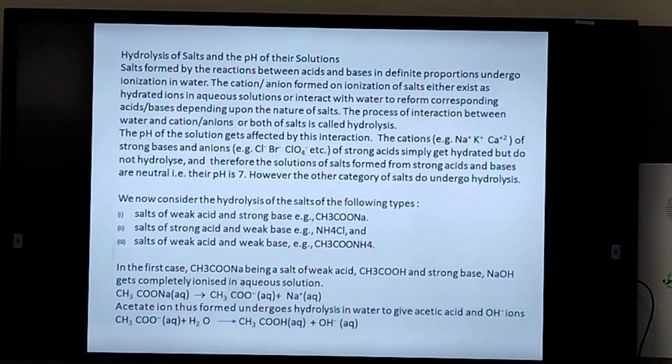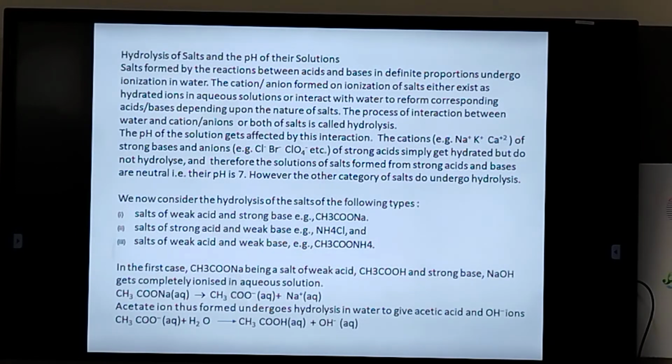However, the other categories of salt do undergo hydrolysis. We now consider the hydrolysis of the salt of the following types. First is salt of weak acid and strong base. Second is salt of strong acid and weak base. Third is salt of weak acid and weak base.